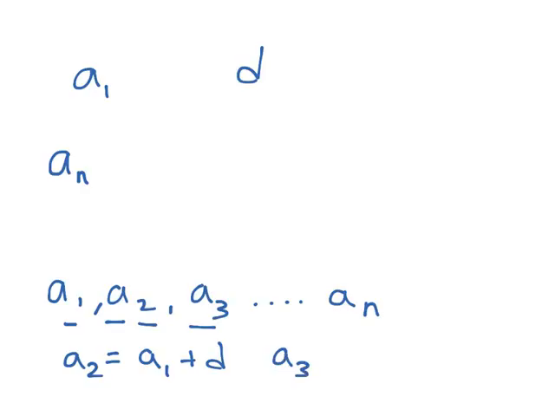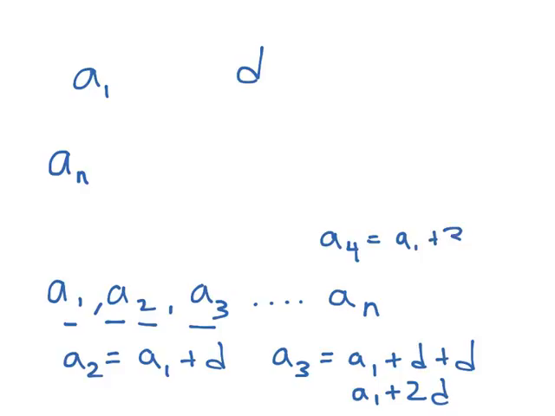And A3 is A2 plus D, which is equal to A1 plus D again, or A1 plus 2D. You can see if we went on like this, A4 would be equal to A1 plus 3D, A5 would be A1 plus 4D, and so on.